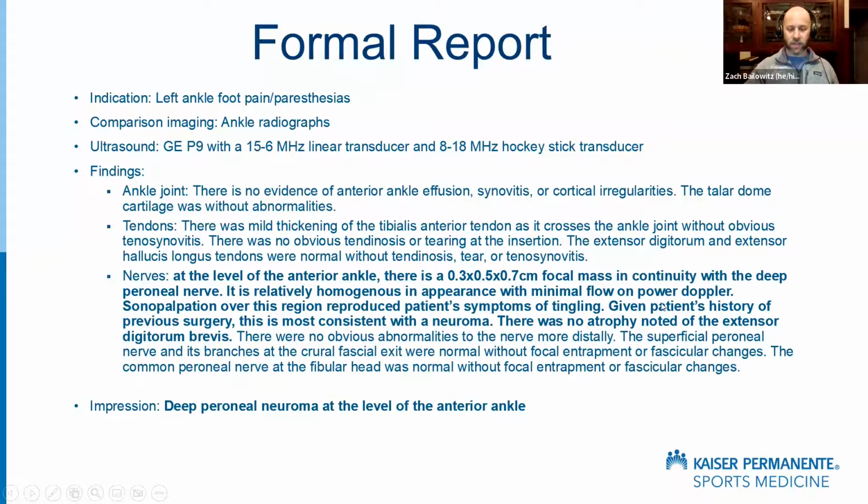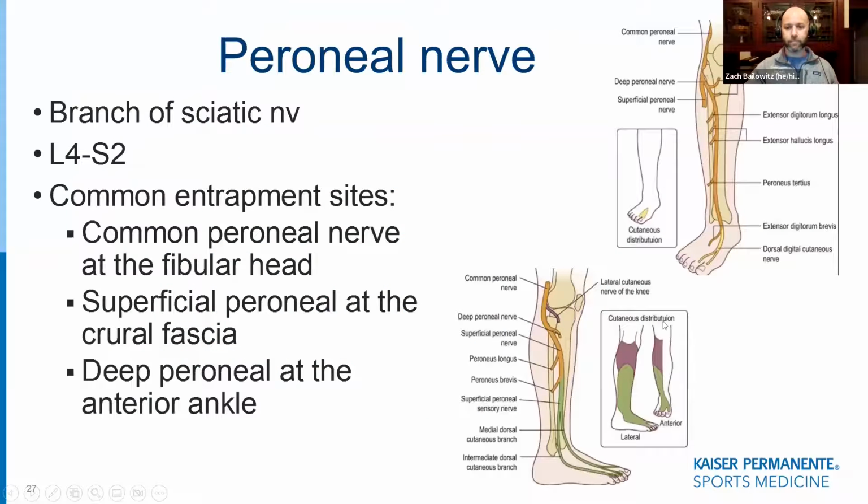My apologies, I didn't have a picture of the Doppler, but there was minimal flow on power Doppler. Sonopalpation over this region reproduced the patient's symptoms of tingling. And there was no atrophy noted of the extensor digitorum brevis, and we'll talk about why that's important in just a second. So my impression is that there's a deep peroneal neuroma at the level of the anterior ankle.